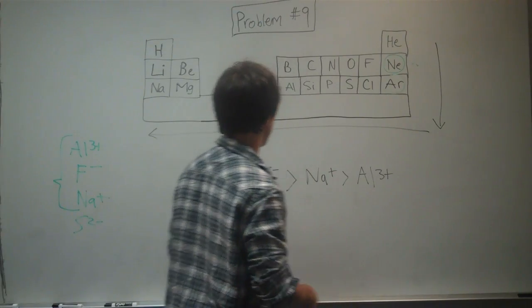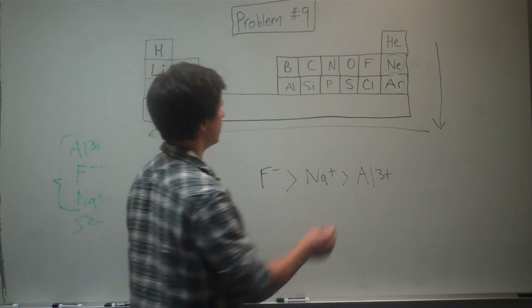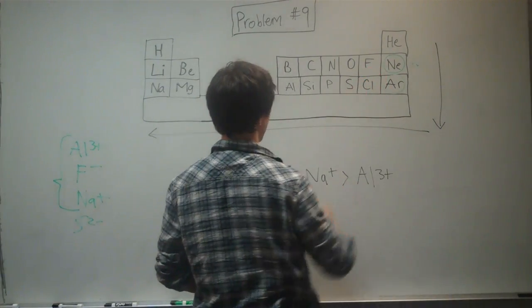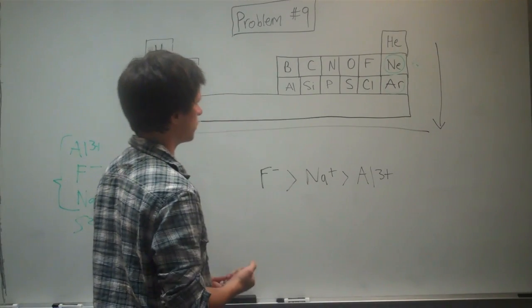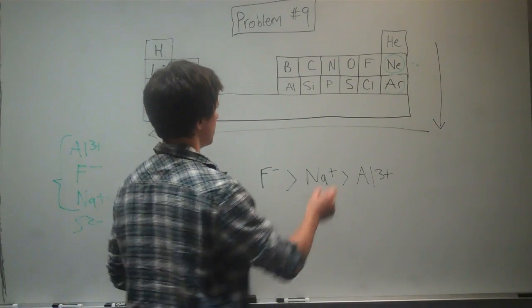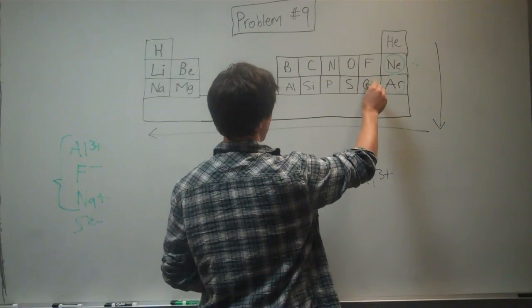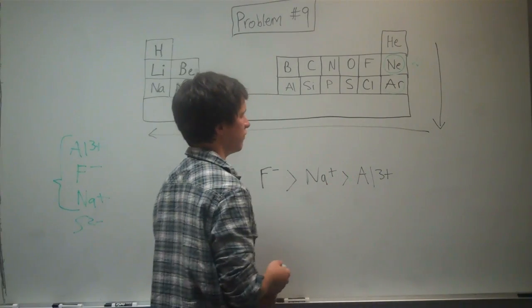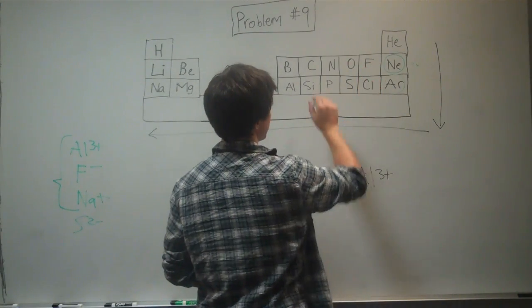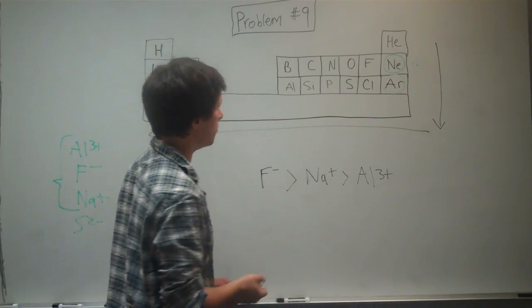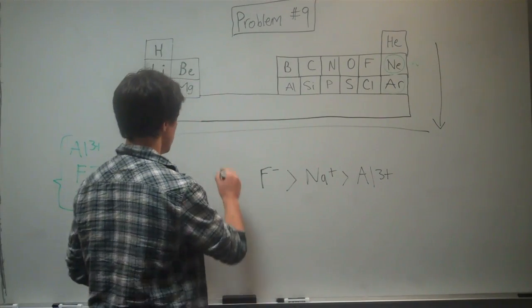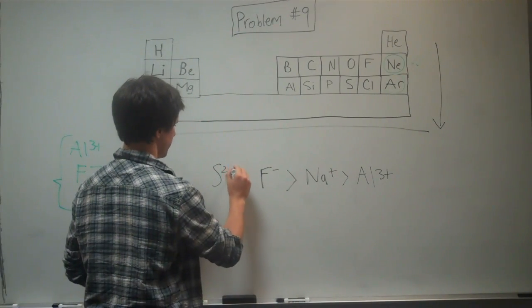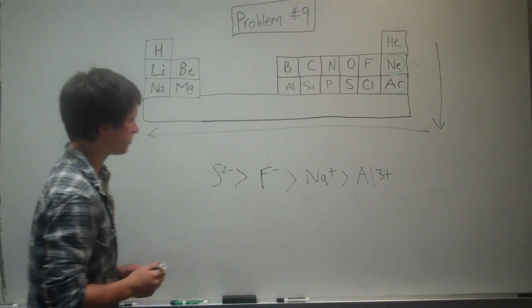So, we have to compare fluorine and sulfur. And sulfur is not only both down and to the left of fluorine, but it's also more negative. So this sulfur 2- is the biggest.